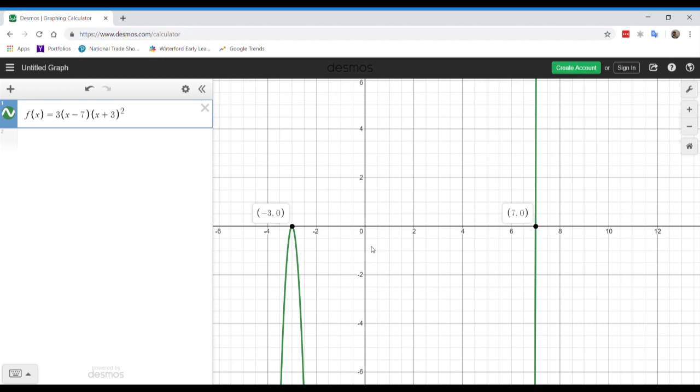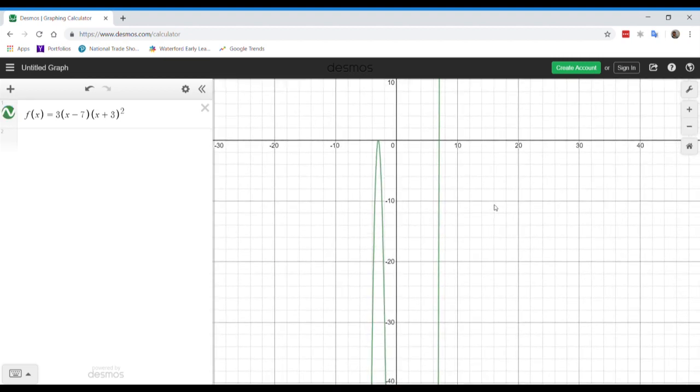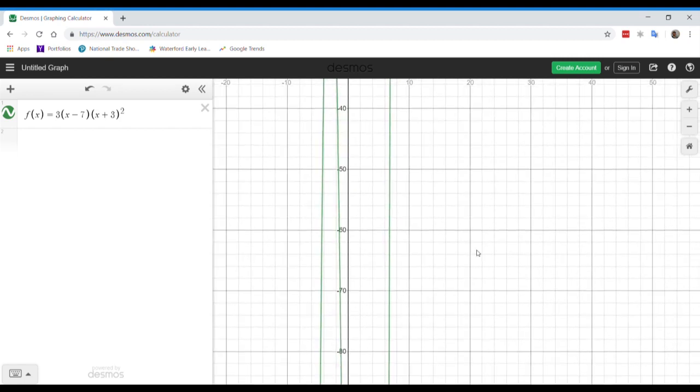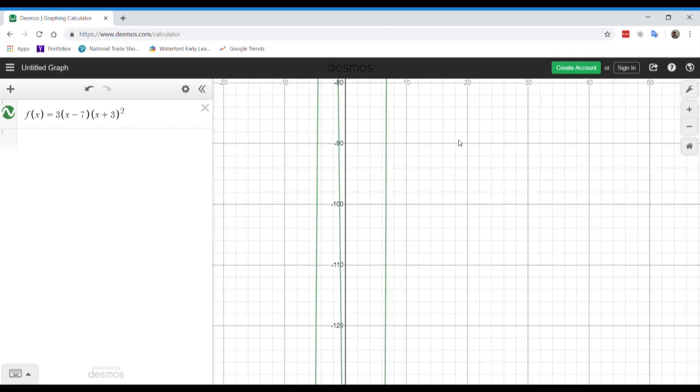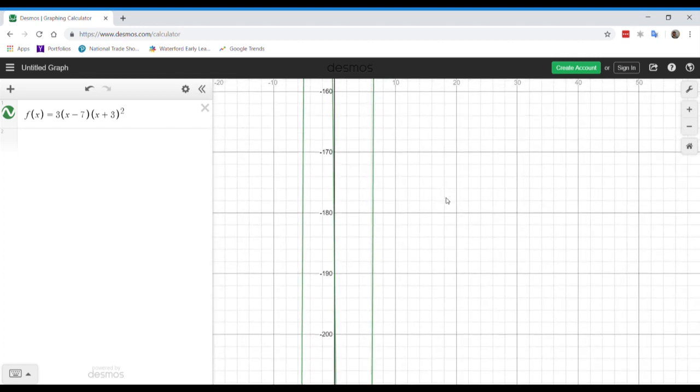I'm going to zoom out so you can see that, remember, we had a sketch, and if you worked out the y-intercept, you would have seen that it was a huge negative number. It was -189 because you ended up multiplying 3 times -7 times 9, and that gave us -189.